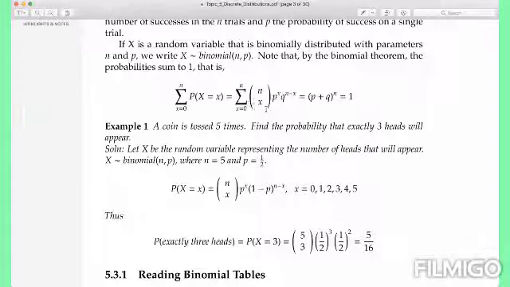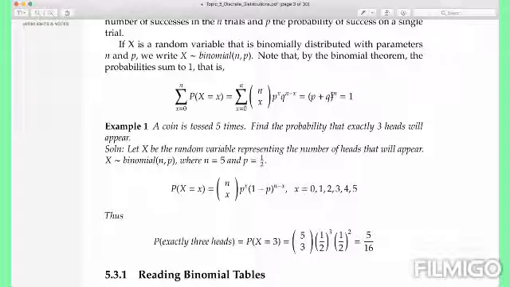We know the mass function is this, but from the binomial theorem, this is the same as (p plus q) raised to n. This is just a compacted form, but if you expand it, it gives you that. Since p plus q is 1, then 1 raised to the power n is 1. So it is indeed a probability mass function.